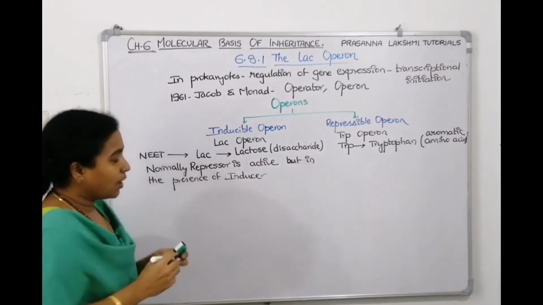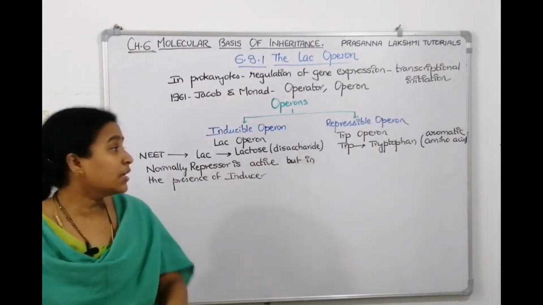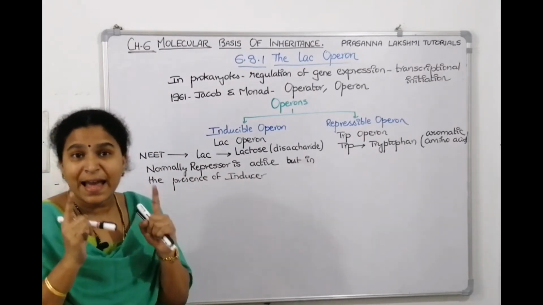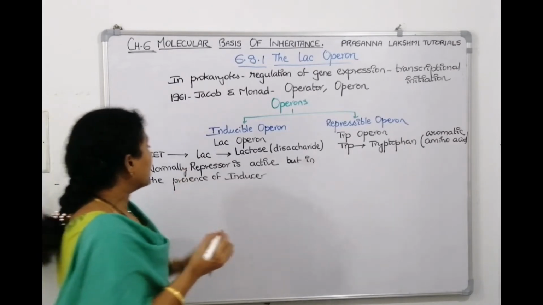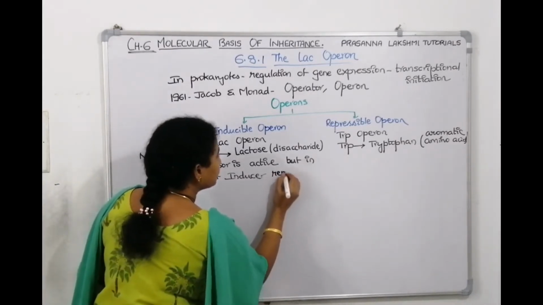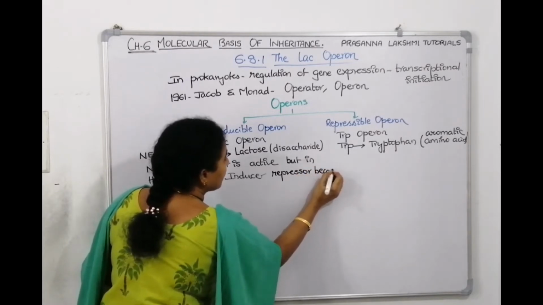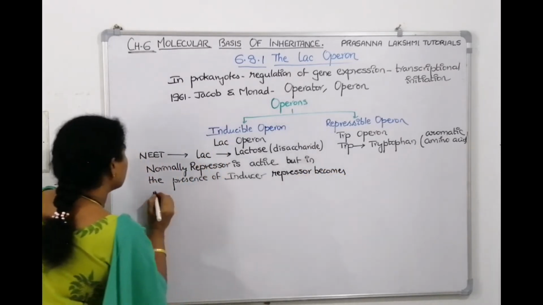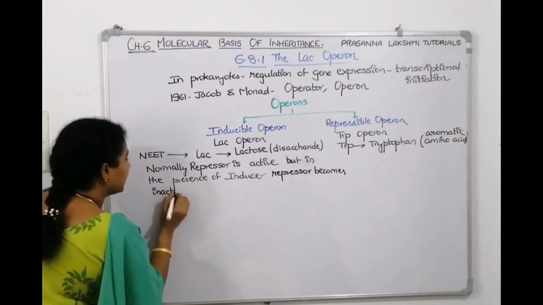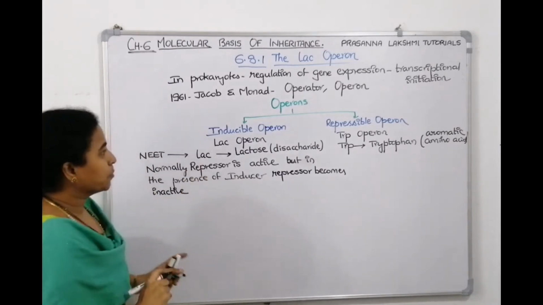If inducer is not there, then the repressor protein is active, children. But in the presence of inducer, the repressor becomes inactive. That is the case in inducible operon.